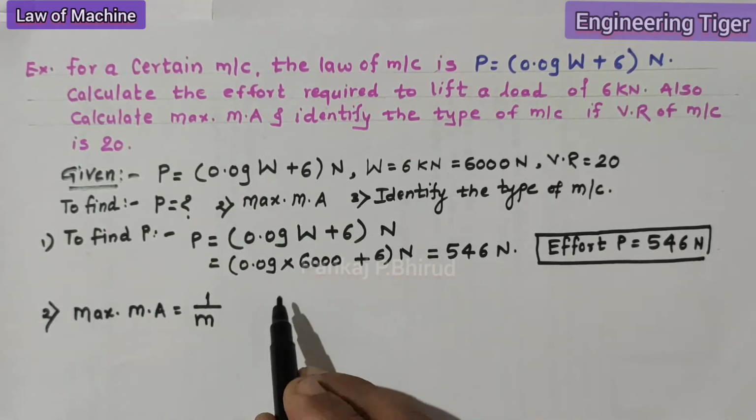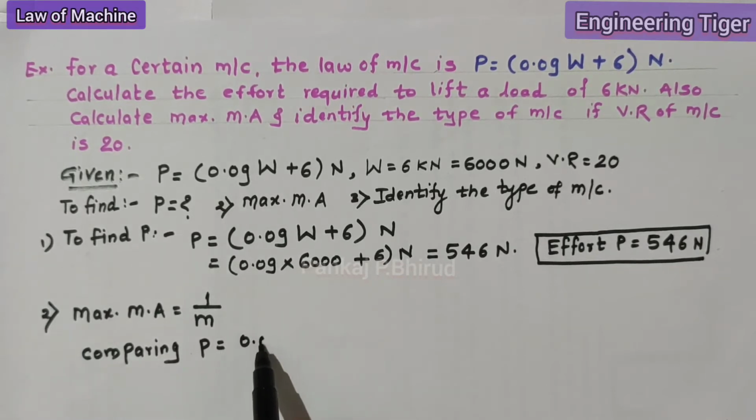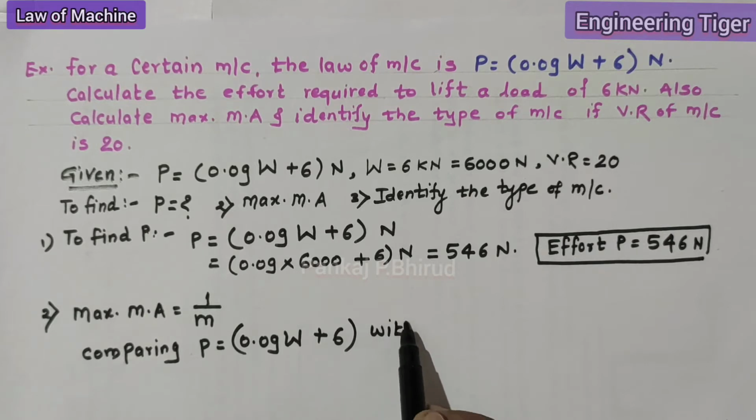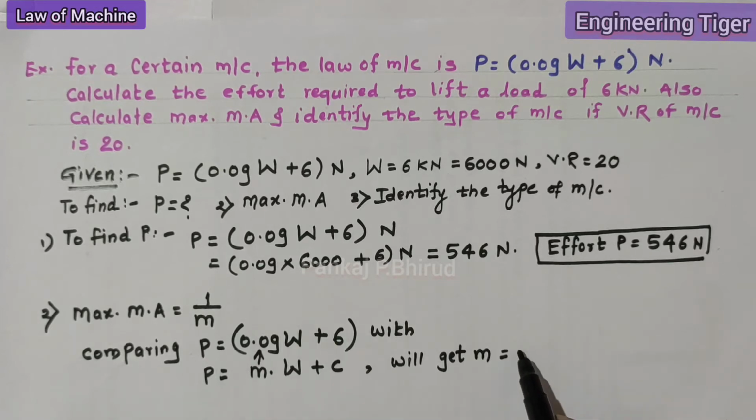So comparing P is equal to 0.09 W plus 6 with P is equal to mW plus C. We'll get m is equal to, now compare. So this m is 0.09, so we'll get m equal to 0.09.